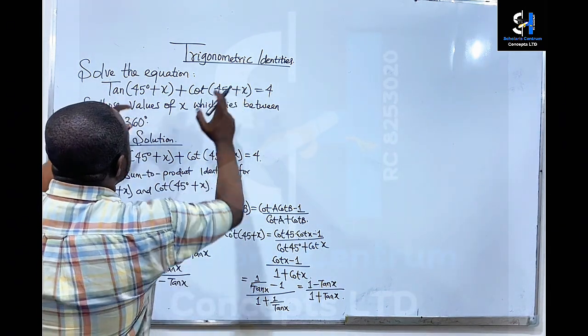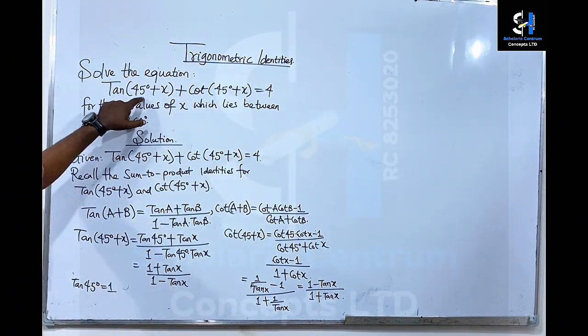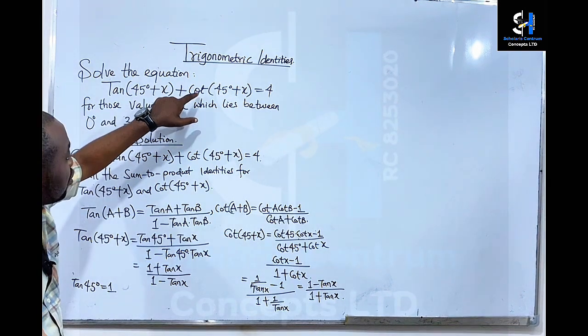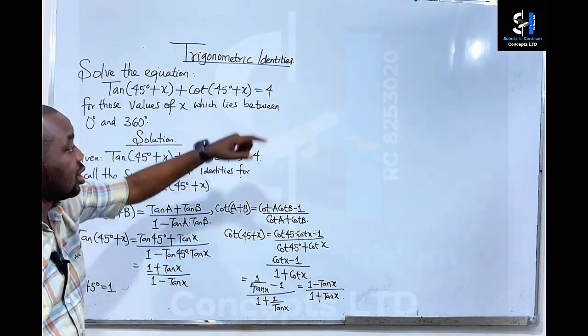Now, according to the question, we have tan(45 degrees plus x) plus cot(45 degrees plus x) equals 4.